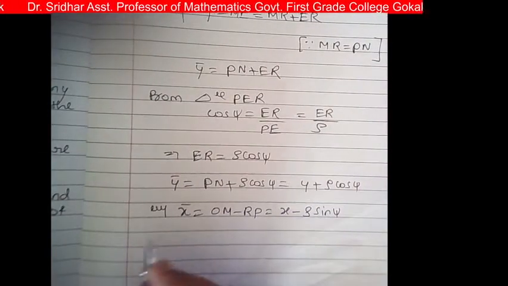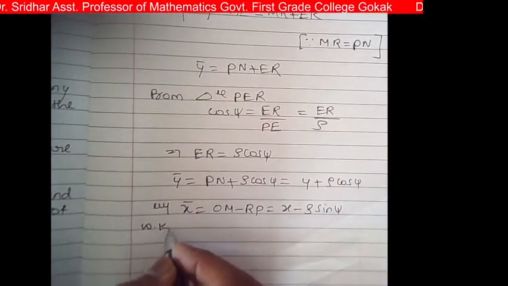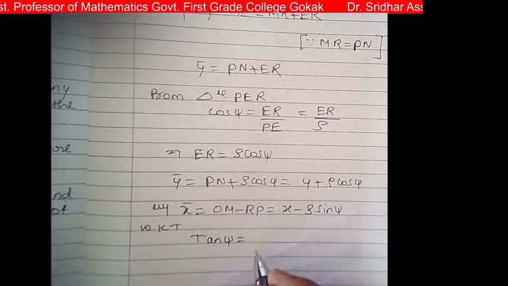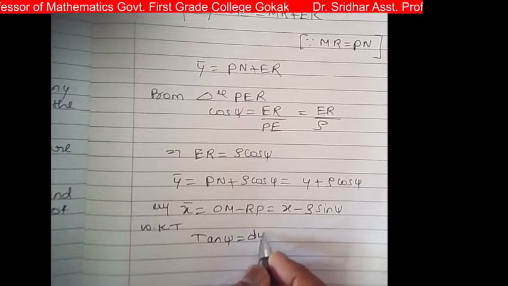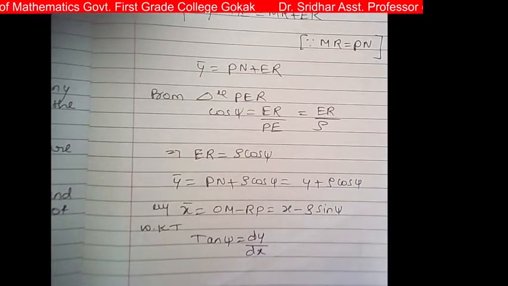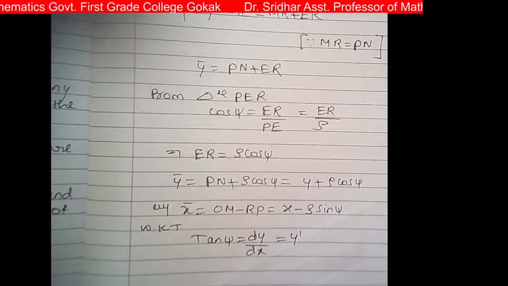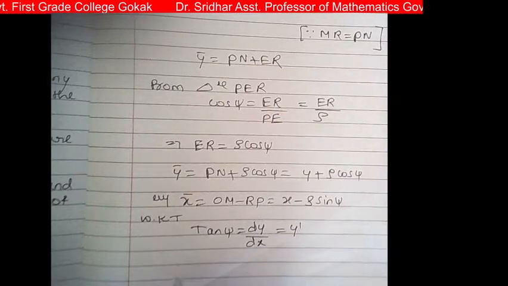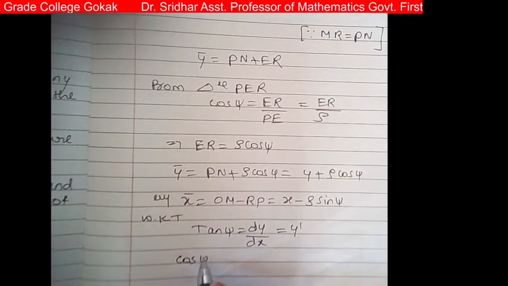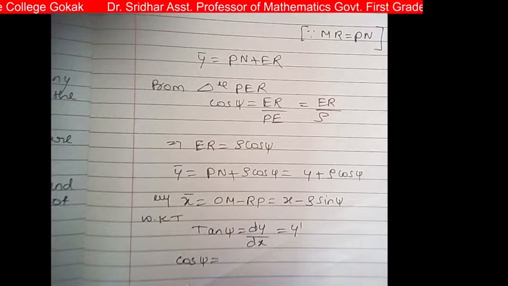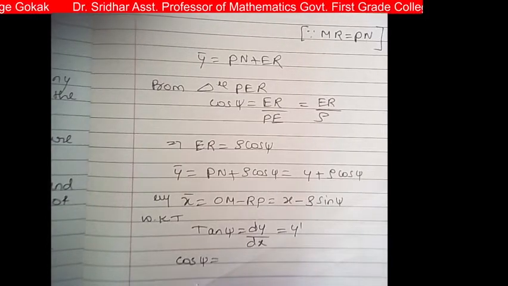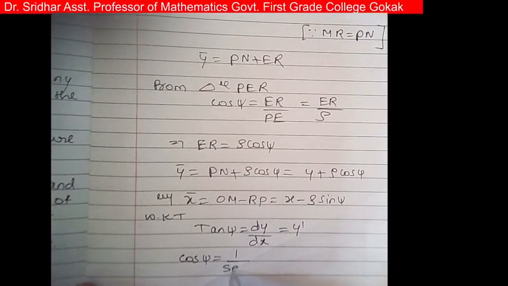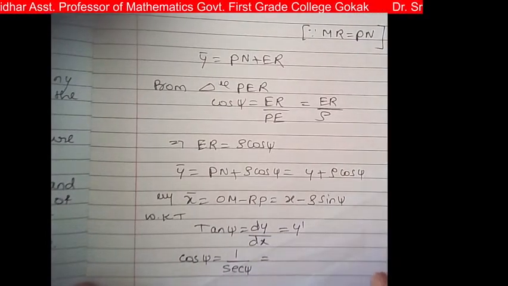So here we know that tan psi is nothing but what? Slope of the tangent. So always slope of the tangent is represented by dy by dx, or simply y dash. Okay, so we know that tan psi is equal to y dash. Next we determine cos psi. Now cos psi can be written as 1 divided by sec psi, correct?